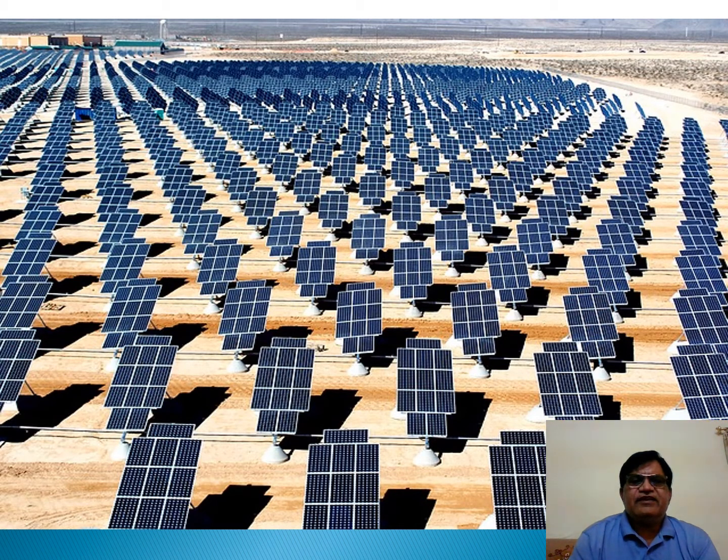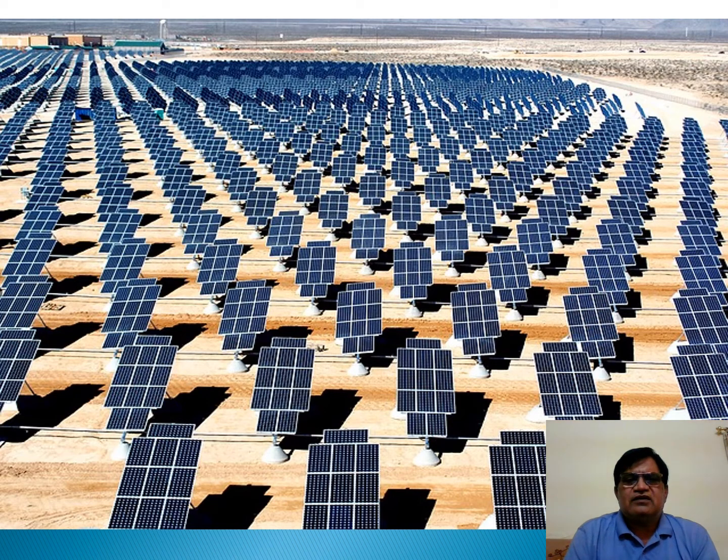This is the aerial view of the solar panels, photovoltaic panels you can see, which are installed in the desert land of Rajasthan, or you can say the wasteland which is available in India at various places.